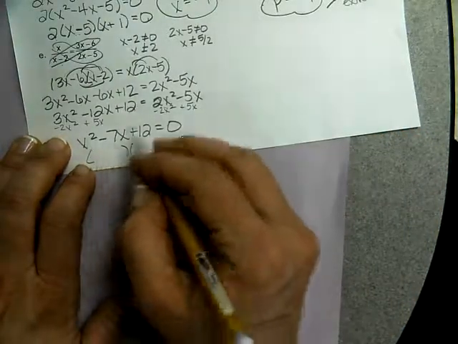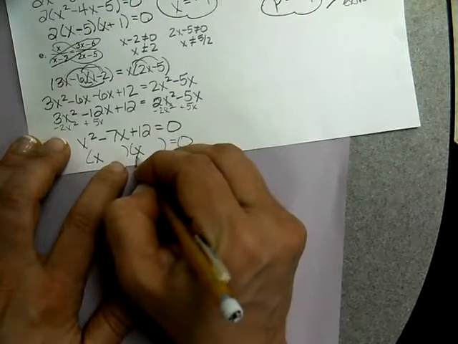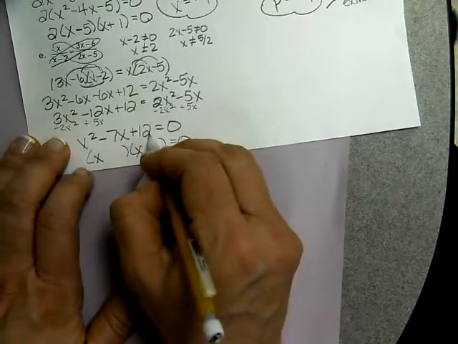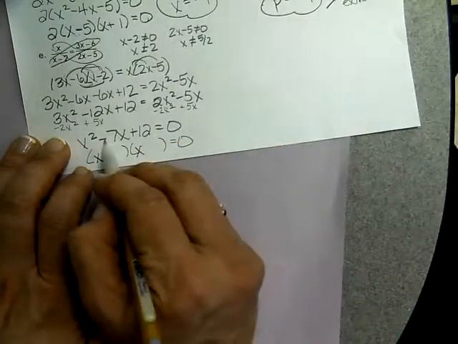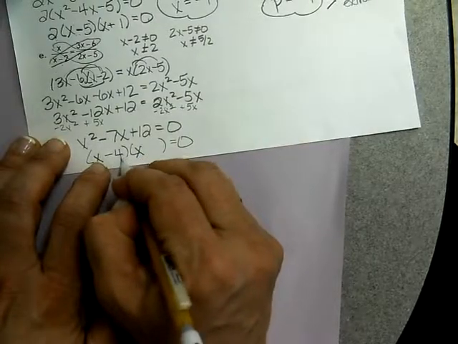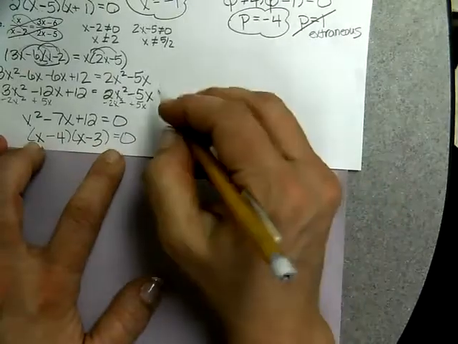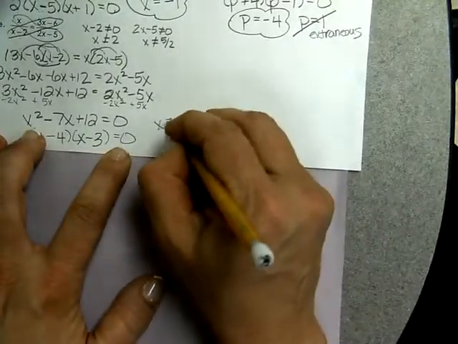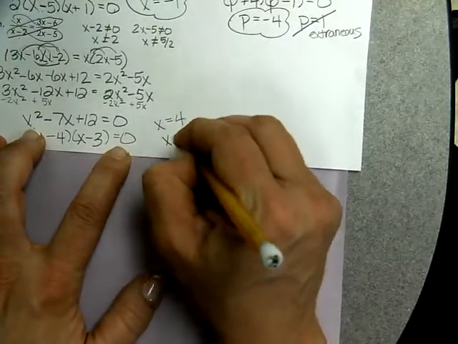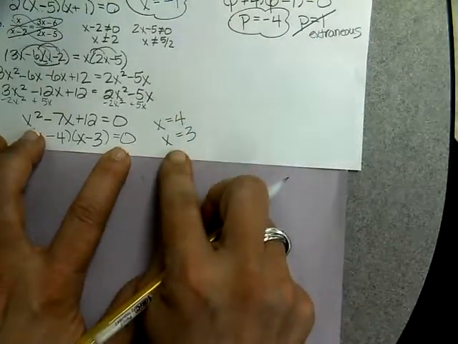And to make x squared, I have x and x. To make 12, I have several options, but the best way to make -7 is -4 and -3. And so I end up then with x equals 4 or x equals 3 as potential solutions.